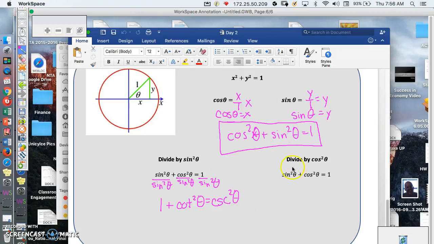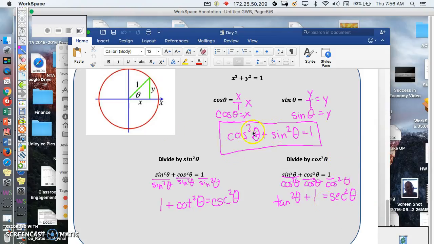So that's another identity. And if we divide by the cosine squared, sine over cosine, opposite over adjacent, that's our tangent squared of theta, plus 1 equals 1 over the cosine is the secant squared. So we have all these identities.